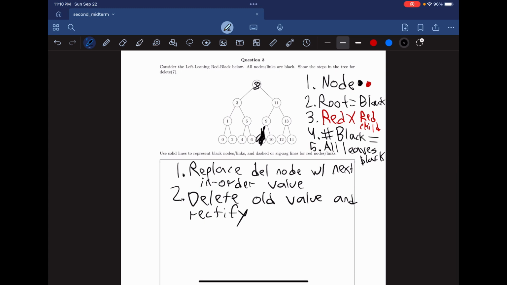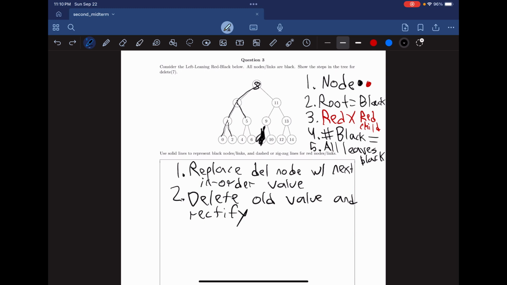Are the number of black nodes equal on all paths? We can verify this by looking at each path to a leaf node, and we see that each path still has 4 black nodes total. And the last thing is that all null leaves are black.